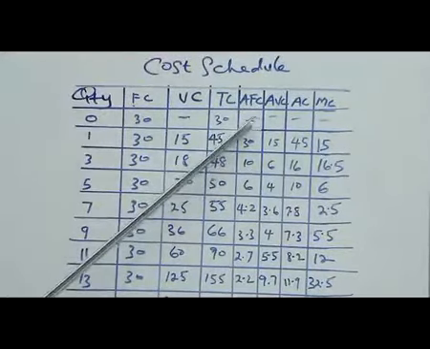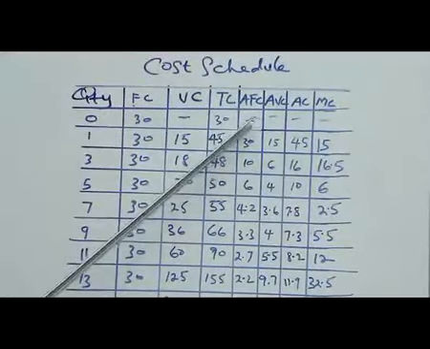When we have 5 units, the variable cost is 20, the average variable cost is 4. When we have 7 units, the variable cost is 25, while the average variable cost is 3.6, and so on and so forth. So to get average variable cost, we said variable cost divided by quantity produced.